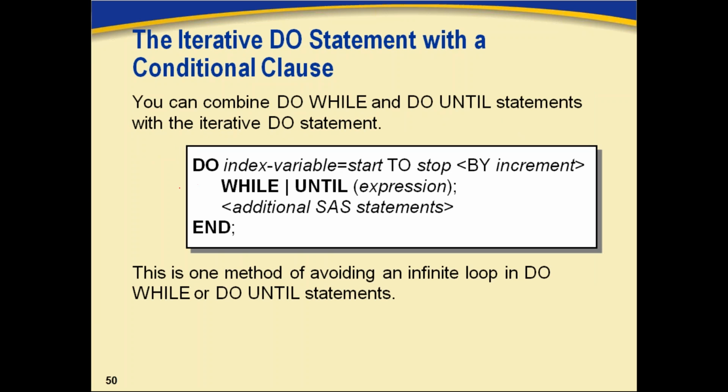We have seen the do statement earlier; you can include do while and do until in the iterative do statement. Example: do index variable equals start to stop by increment. In the same do statement, you can use either do while or do until. This is one method of avoiding an infinite loop in a do while or do until statement.